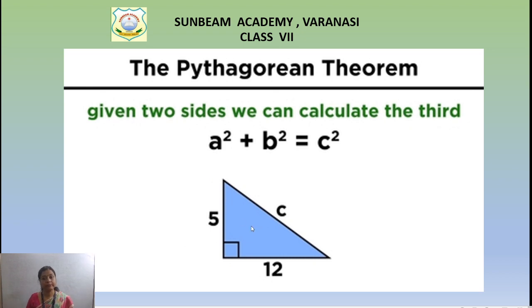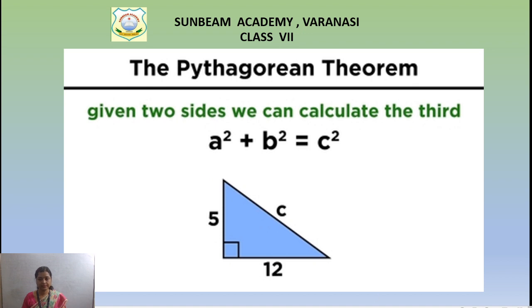And 5 and 12, two sides are given, beta, maybe in centimeters or maybe in meters. Now, we can find the third side, which is written as C here. How can we find it? We will add the squares of the other two sides, that is the perpendicular side and base, and we can find the third side, that is the hypotenuse. One by one I will show it to you.